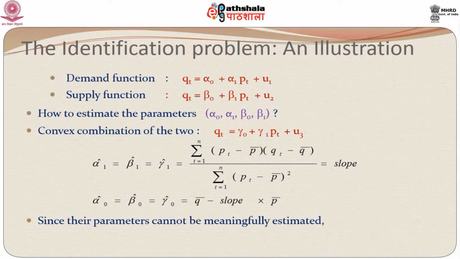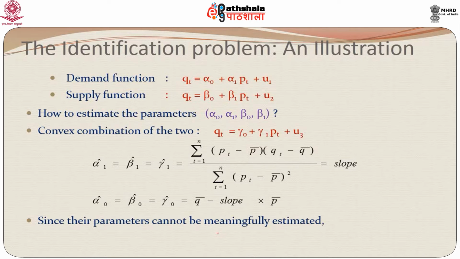Mind you, the economists would tell you that alpha 1 hat should be negative in most cases, beta 1 hat should be positive, but there are no hard and fast statistical guidelines for this. So, we can just guess that if it is a negative value, we will be looking at the demand function. If it is a positive value, we can be looking at the supply function.